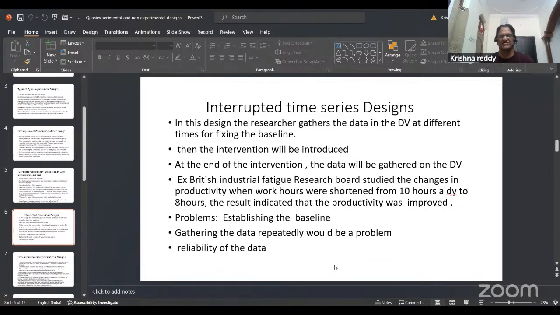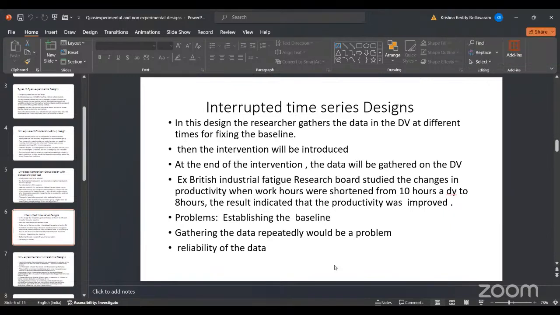For example, the British Industrial Fatigue Research Board studied the changes in productivity when work hours were shortened from 10 hours a day to 8 hours. The result indicated that the productivity was improved. This is the example for this particular interrupted time series design. It was studied for nearly 17 months.